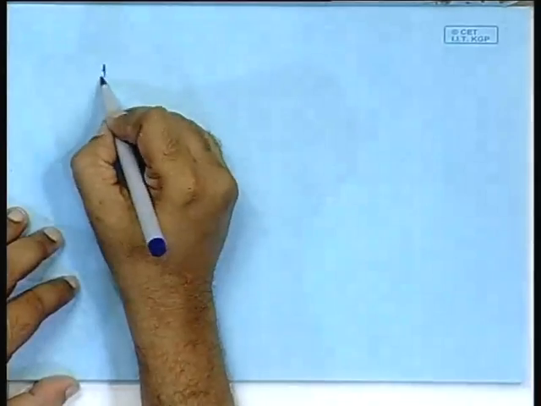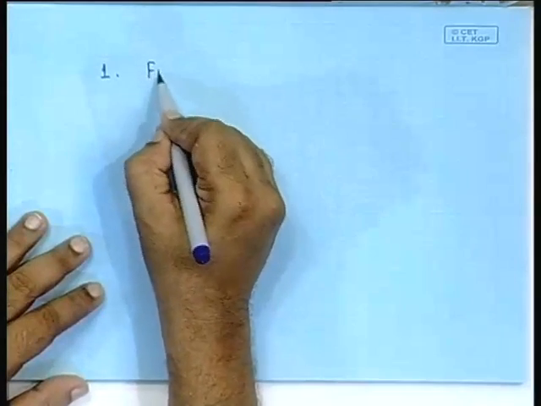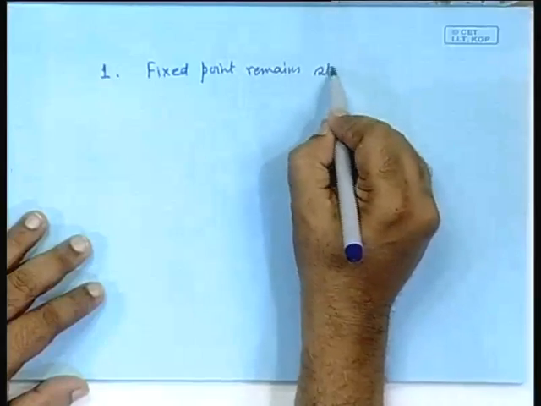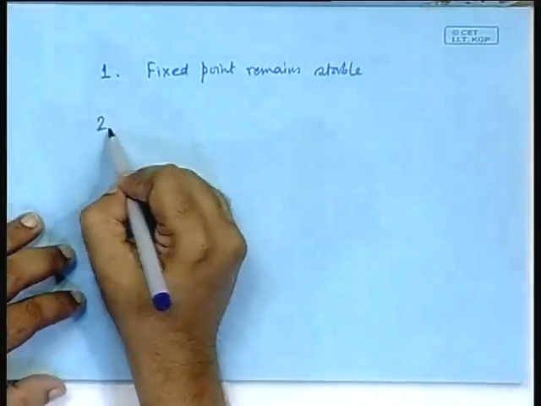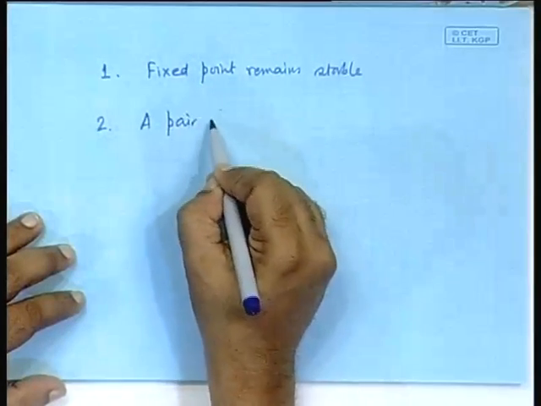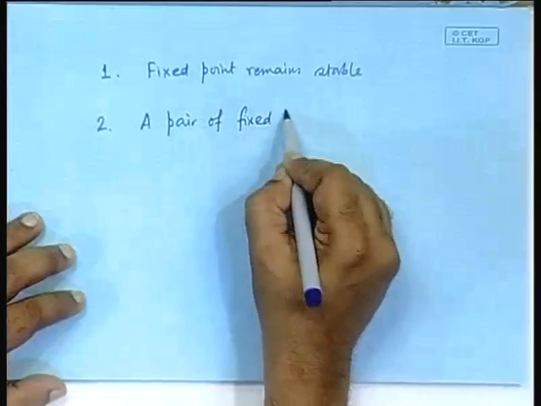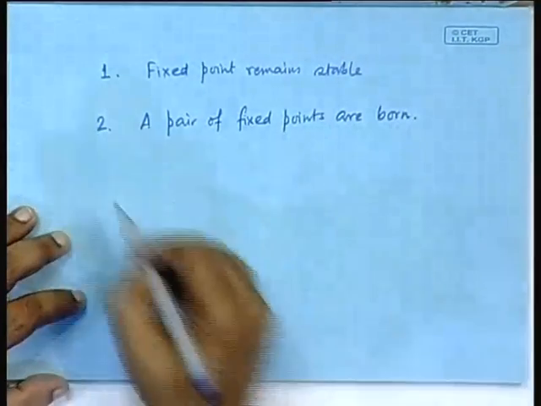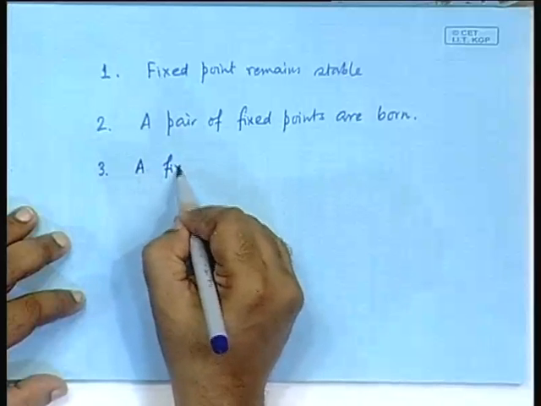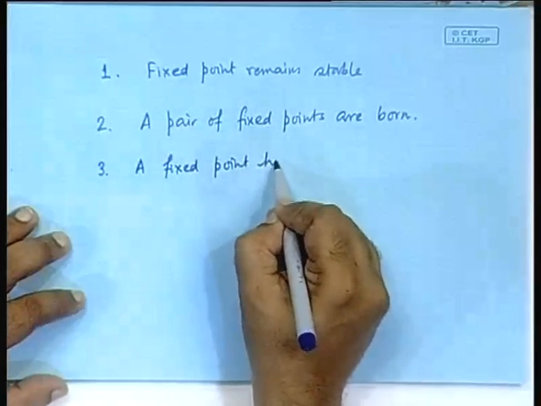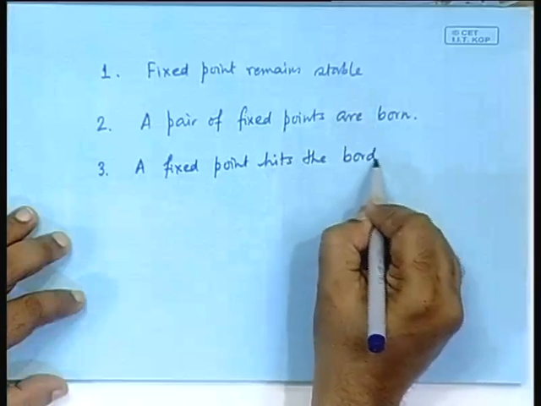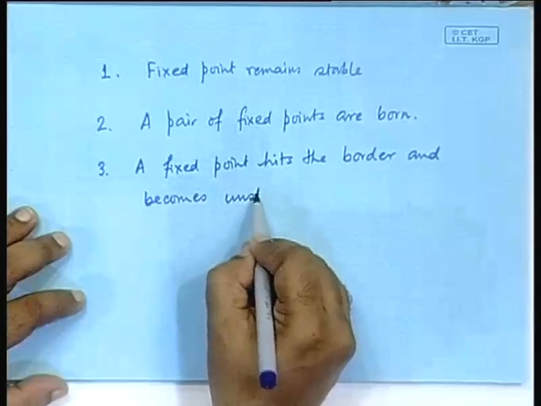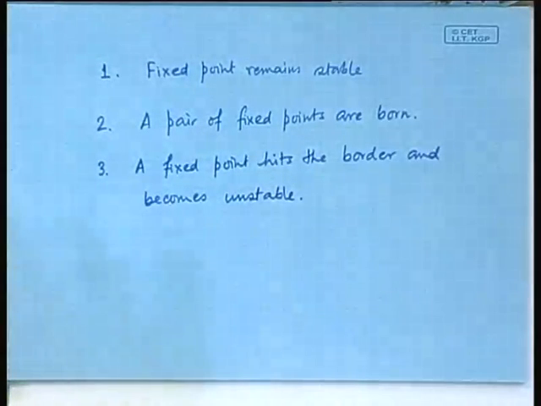Basic type means 1, fixed point remains stable. 2, and 3, these are the three possibilities that can happen.